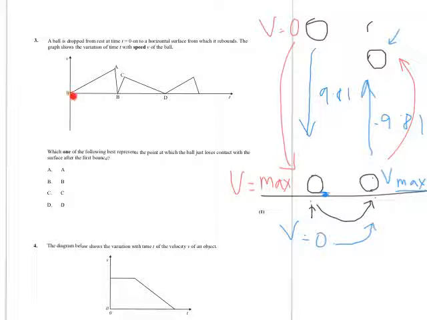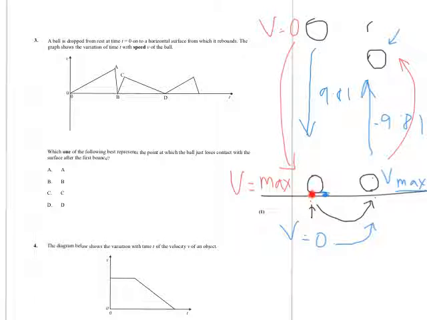This journey here, where the ball's velocity starts at v equals 0 up until a maximum, would equate to this part of the graph, right? So from here, v equals 0 to v equals max. Now, this A to B would be from the point that it has maximum velocity to the point that the ball is squashed and that split second where it stops.